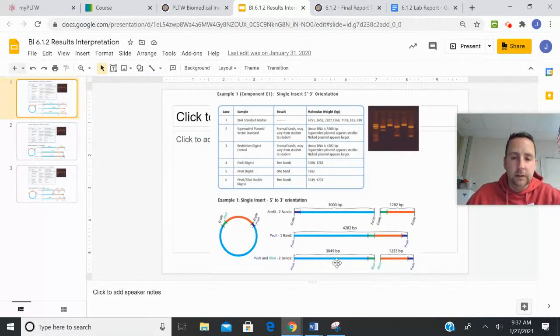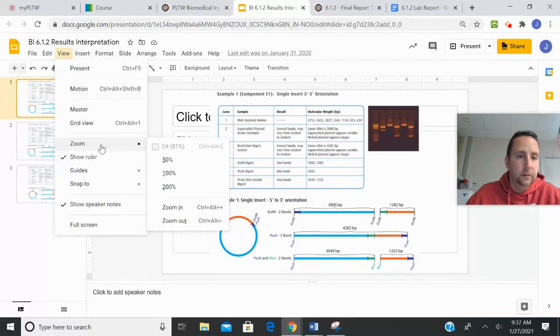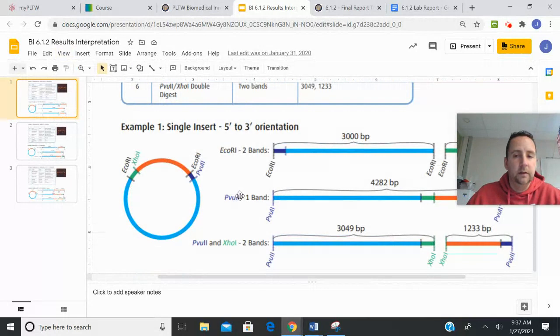So here you can see in the 5 to 3, you have this 3049 base pair segment with 1233. Okay, because it's going to cut, PVU2 is going to cut here. All right, let's see if I can zoom in a little bit more for you guys. All right, there we go.